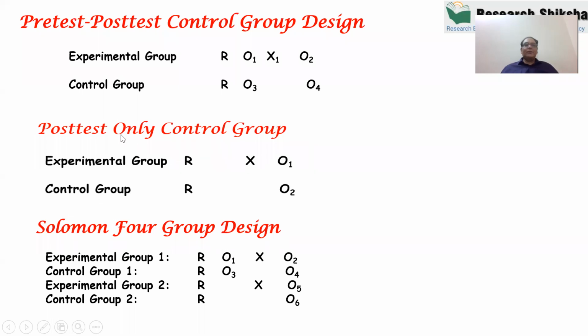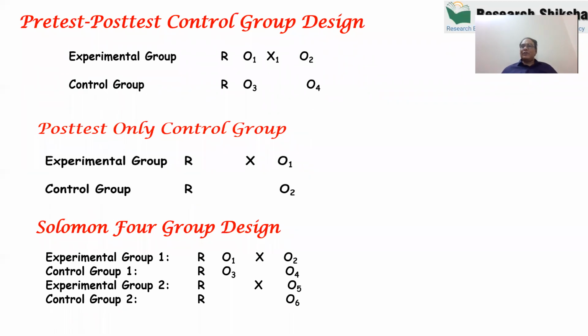Then we have a post-test only design. Here you are not doing pre-testing, but I suggest you do pre-testing. According to me, this design is better than the second design. And the third design means you make 2 experiment groups and 2 control groups, right?